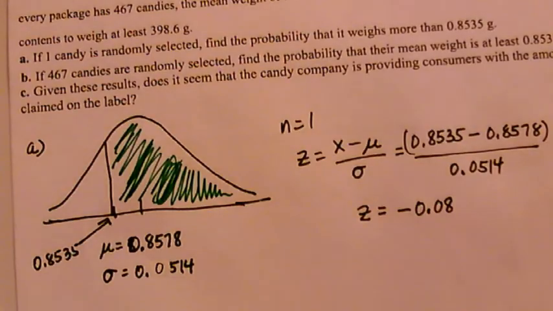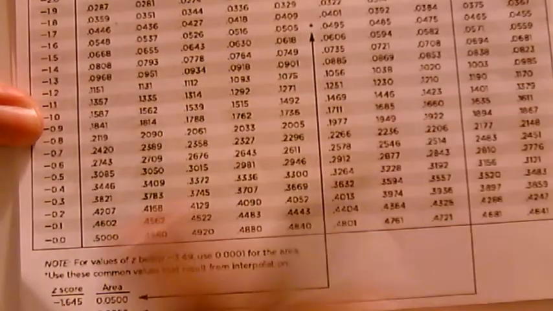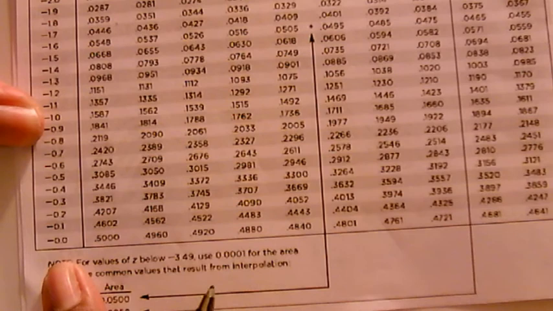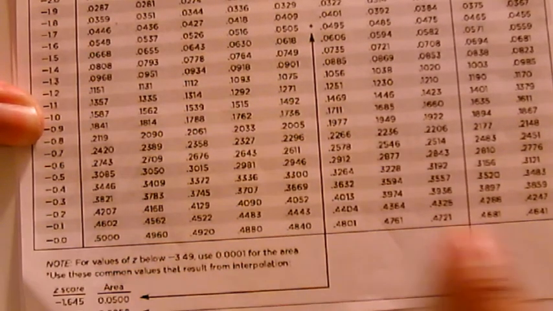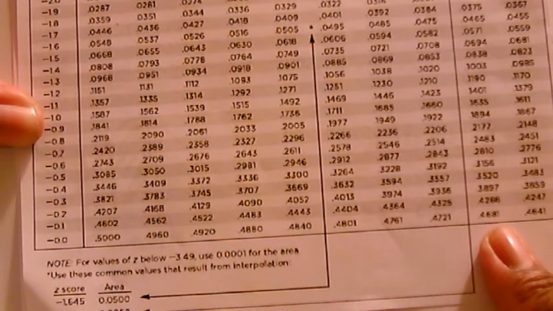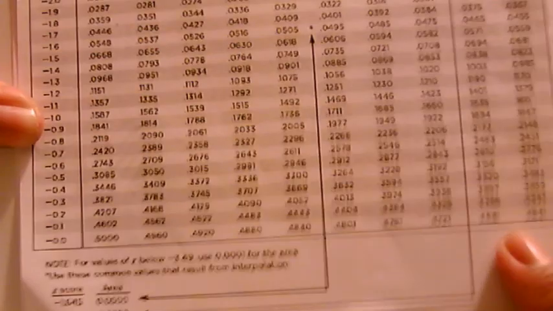And now you want to convert that to a probability value. In this case it's a negative z-score, so we find negative 0.0, which is way down here at the bottom, and then 0.08 is this column down here. If you read to the right and down, you're going to get 0.4681.